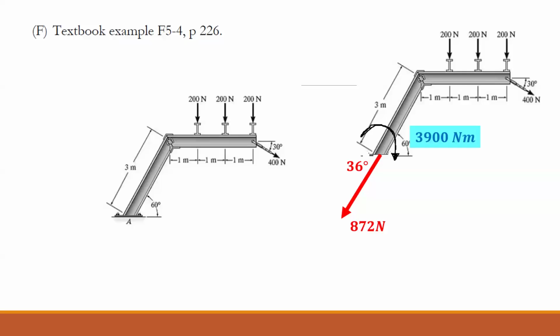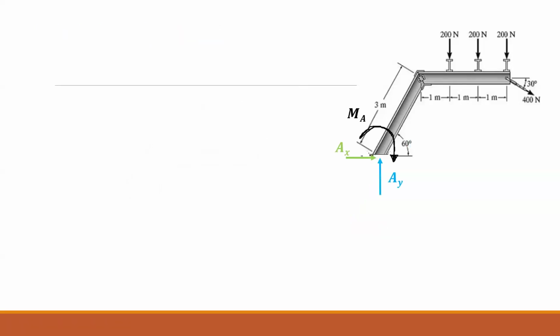Now, when you found the AY and AX, you also need to find the resultant of this one as well. You already know how to find the resultant because AX is this, AY is this, so the resultant will be like this.